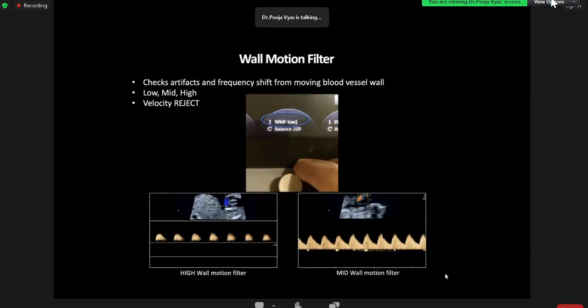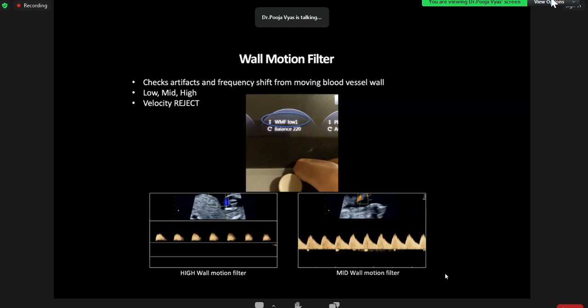Now moving on to wall motion filter, we need to check artifacts. What happens in wall motion filter is when we keep a very high wall motion filter, the low velocities will not be seen. So basically we'll be able to see only high velocity flow.